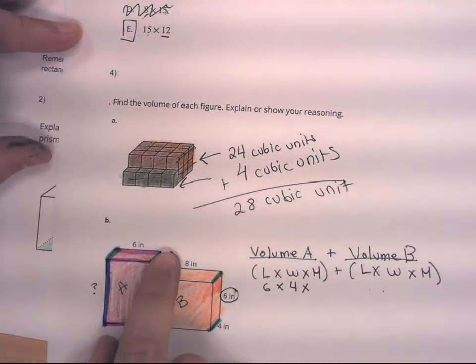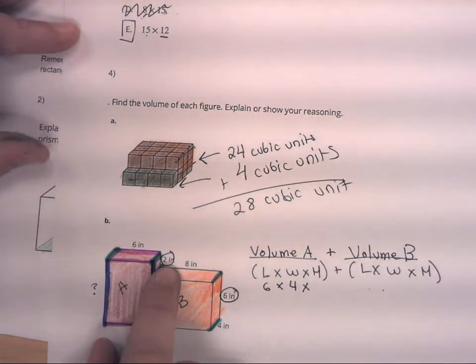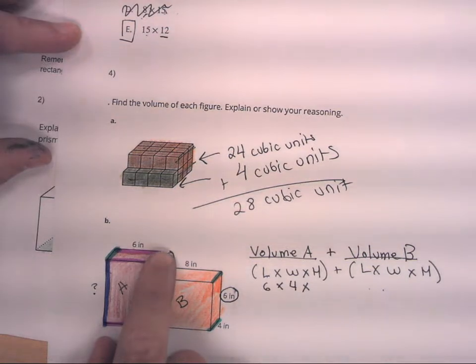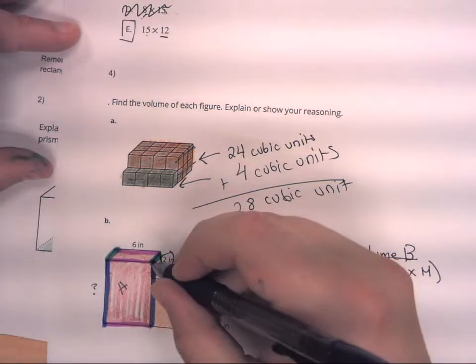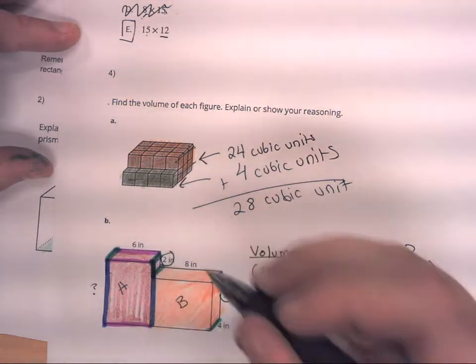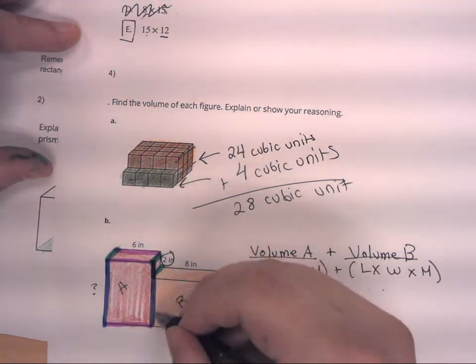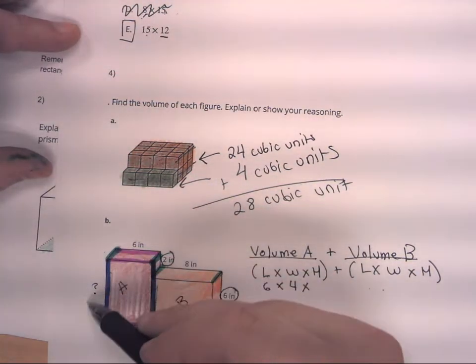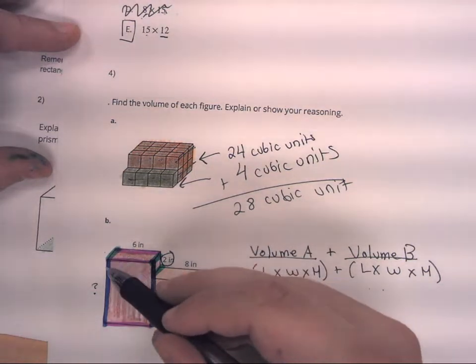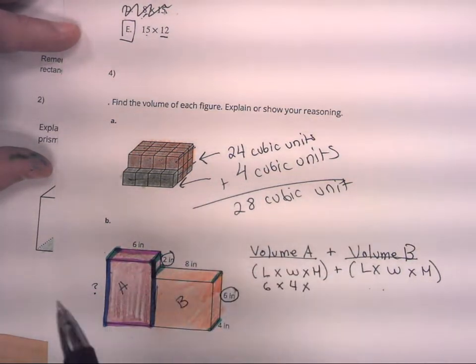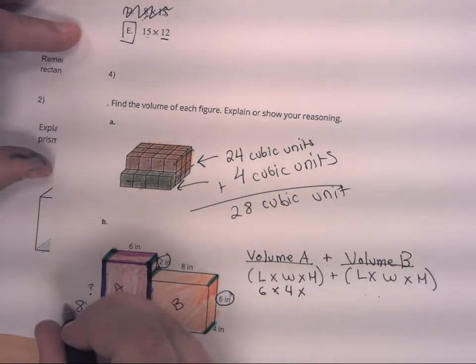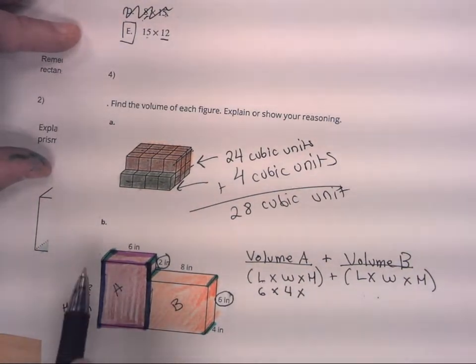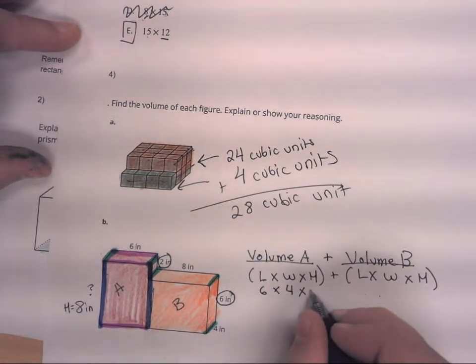And we know that this small height here that's starting at the top of B going to the top of A is 2. So that means that this section there and this section here have to add up to the total height here. So 6 and 2 added together gives us 8. So the height of A would be 8.